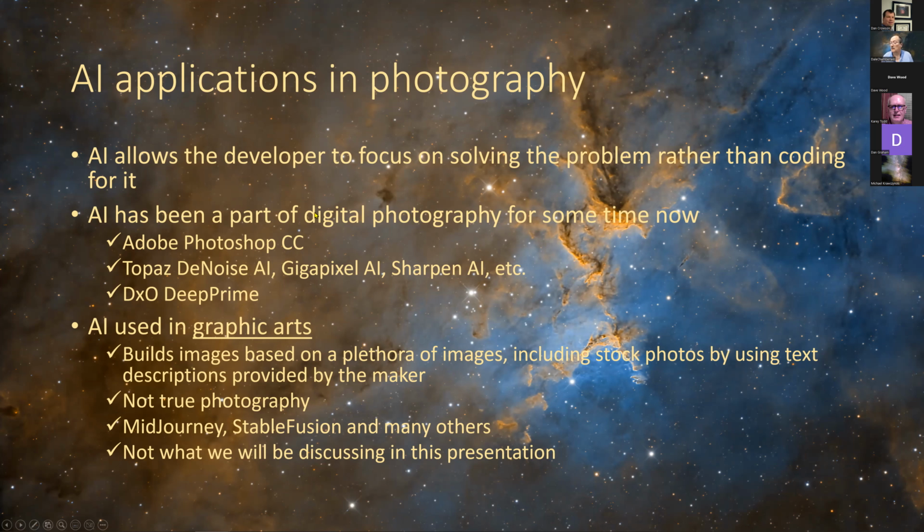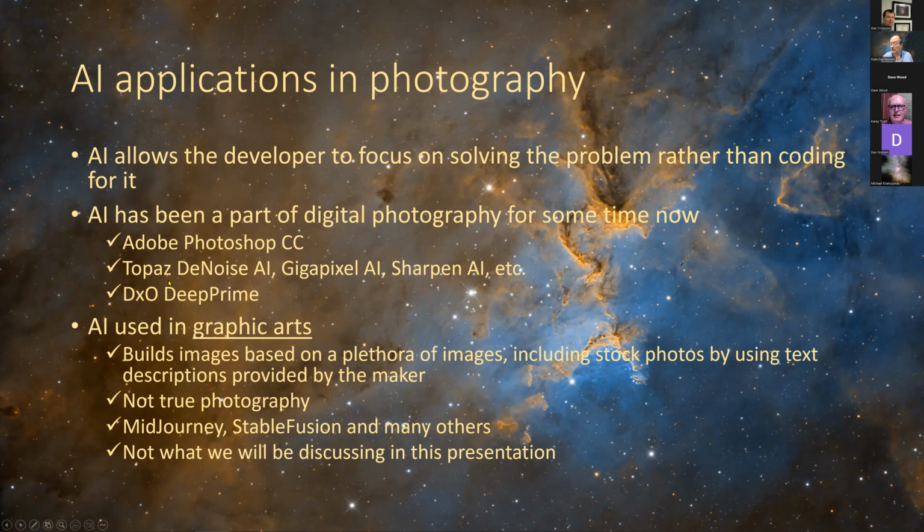And AI has been a part of digital photography for some time now. So examples are Photoshop, Creative Cloud, Topaz Denoise AI, Gigapixel, Sharpen AI, DxO DeepPRIME. Those are all commercially available products that have been in the photographic community for quite some time.